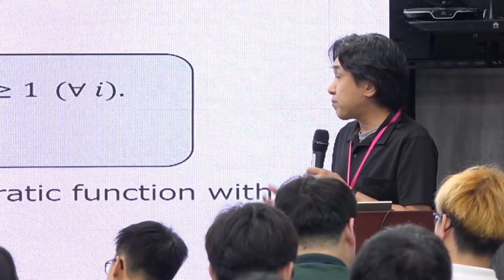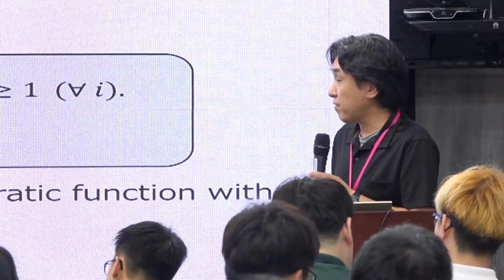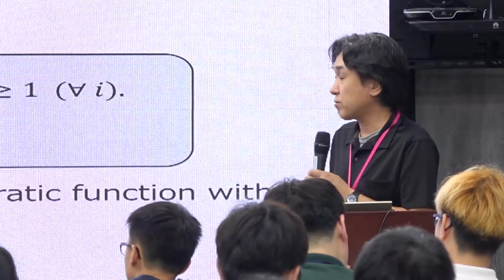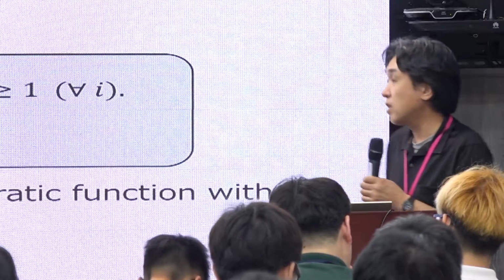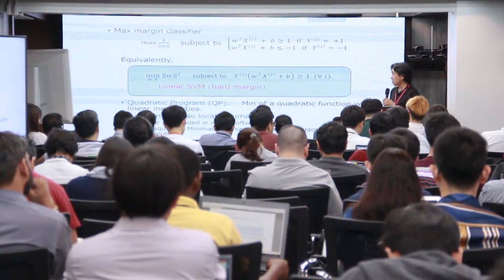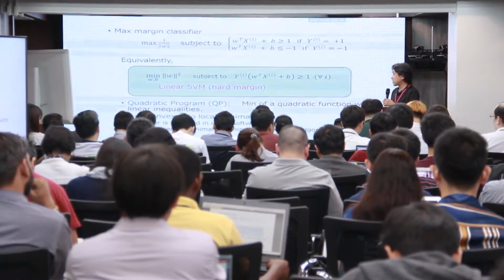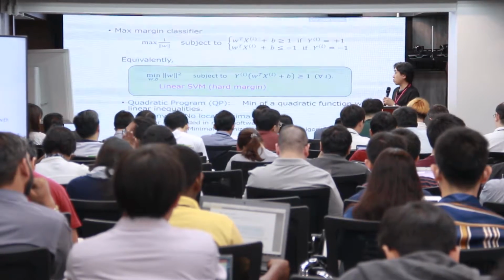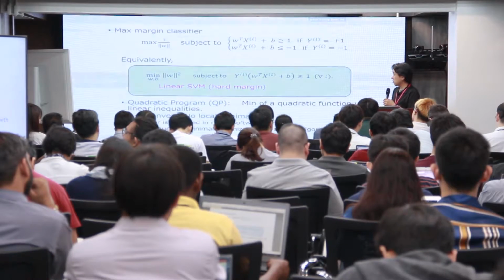Quadratic programming, QP, is a very famous class in convex optimization. So there are lots of solvers in standard libraries of optimization. We can just download such software and apply it to this problem.